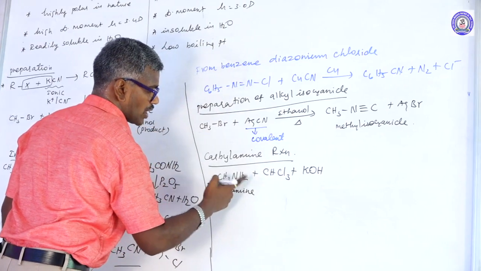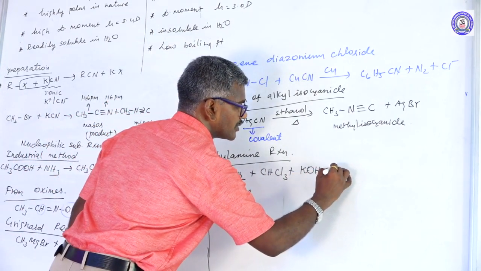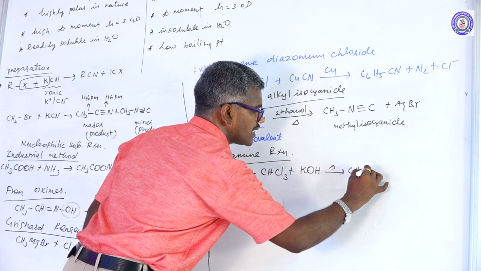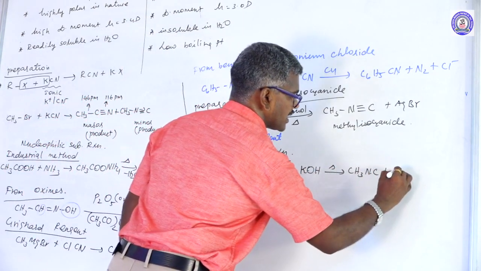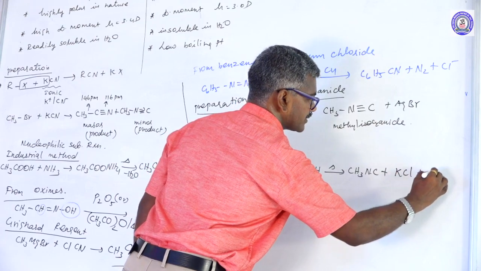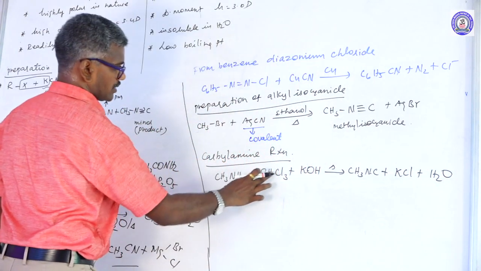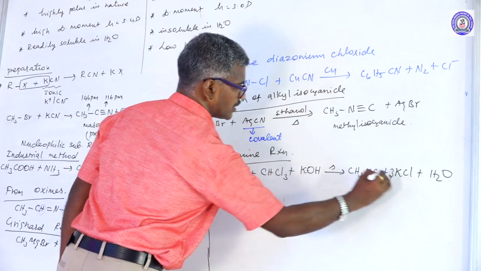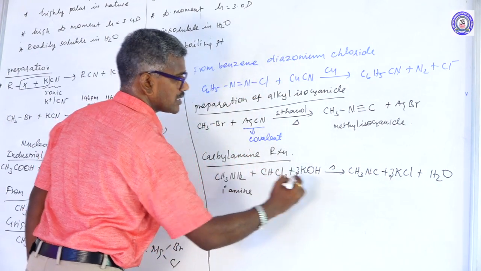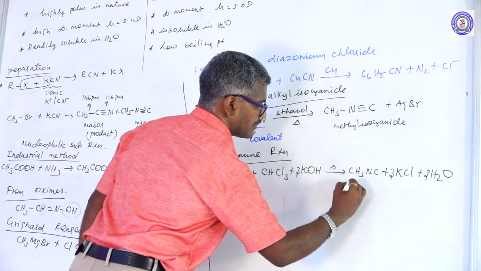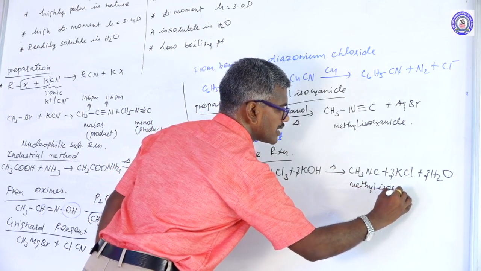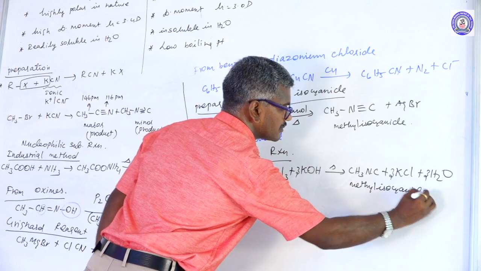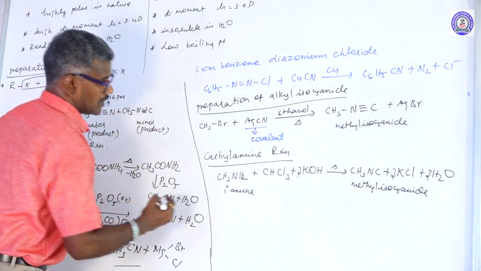This is the removal of hydrogen to form CH3NC, and potassium reacts with chlorine to form KCl plus water. So 3 chlorines, 3 OH groups, 3 times water. This is methyl isocyanide. This is another method.